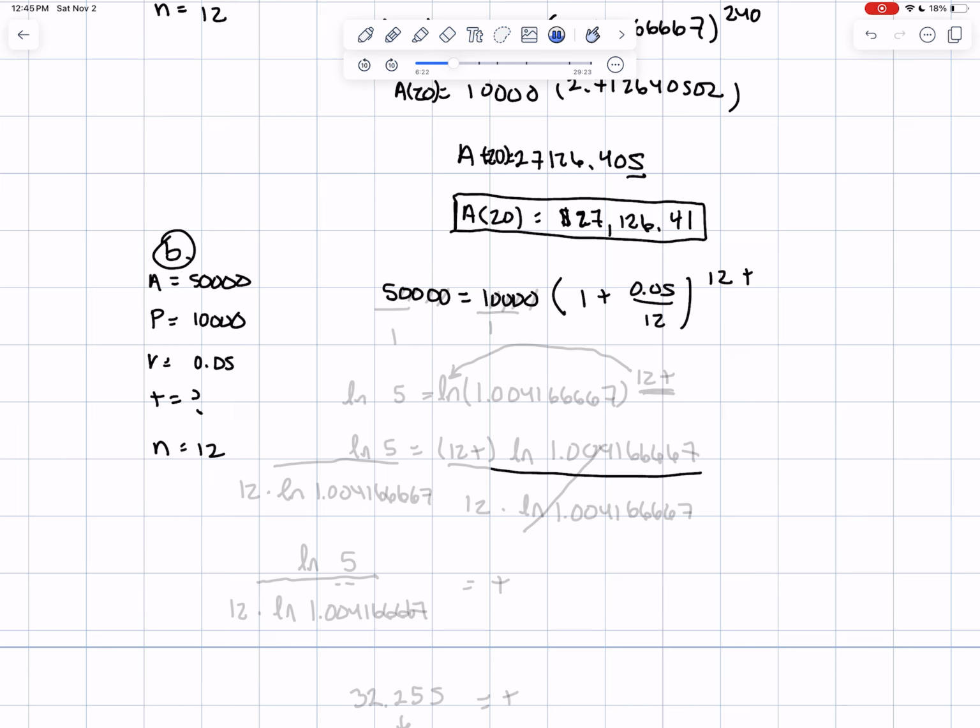One thing that's super easy that we can do here to make our solution easier is to cross out my zeros. If I cross out 4 zeros on both sides, since I have 4 on both, it'd be 5 divided by 1.